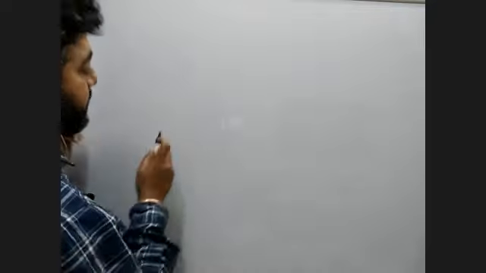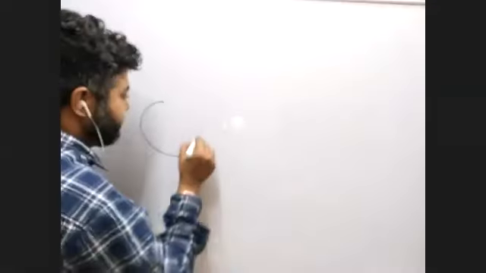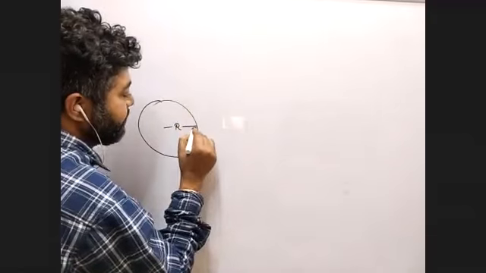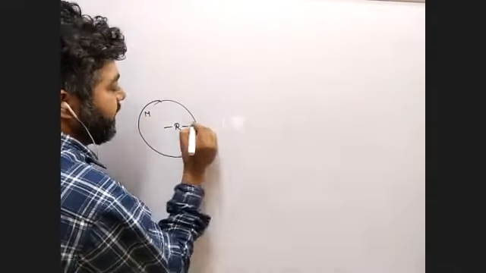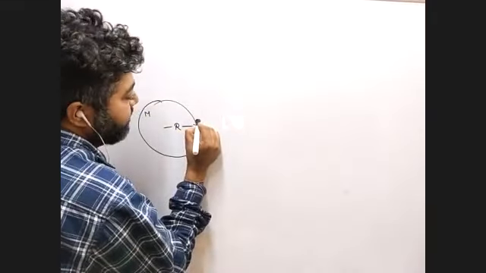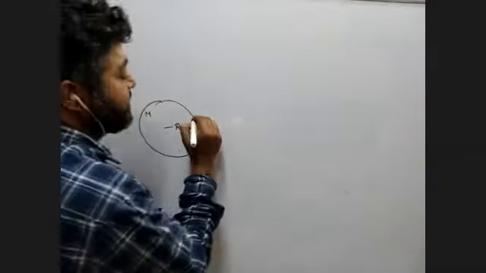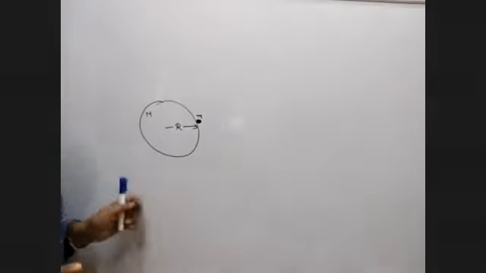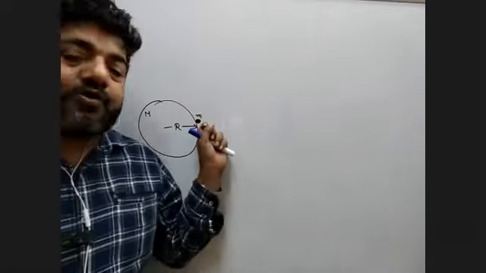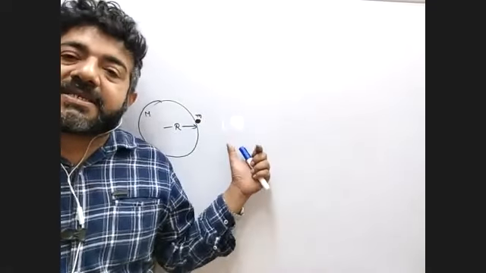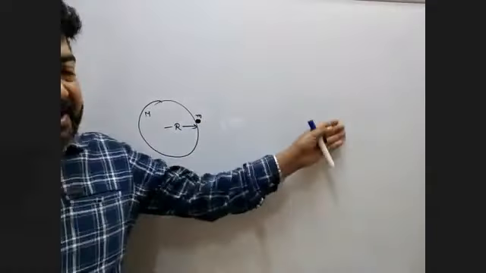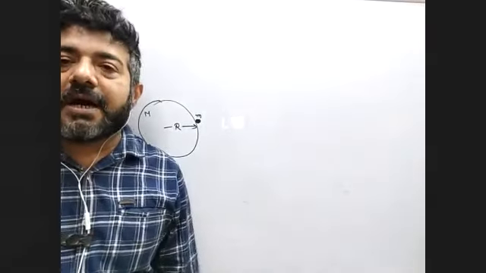Suppose for our Earth or any planet, let R be the radius of the Earth and M the mass. And if any particle is there whose mass is m, and you want to project this particle with such a speed that it never comes back to the Earth's gravity.